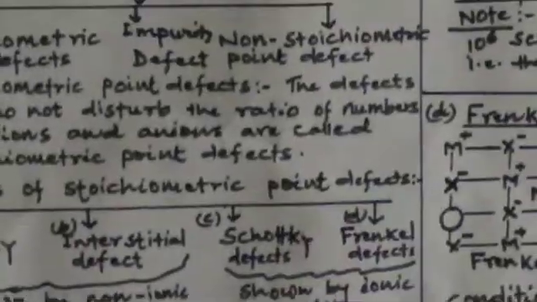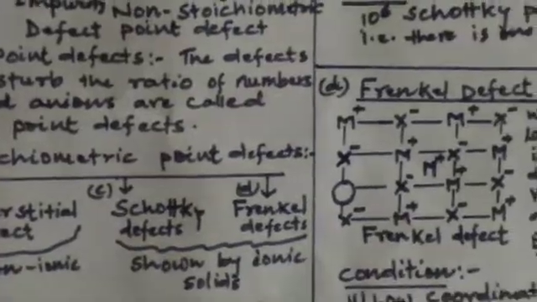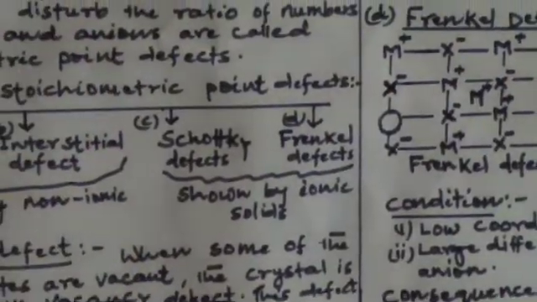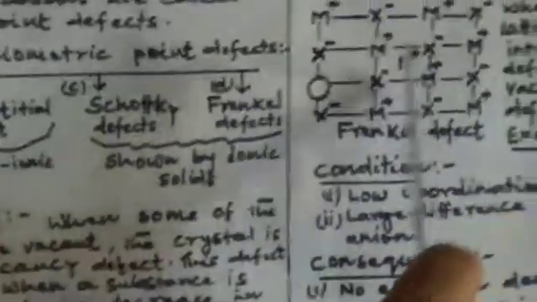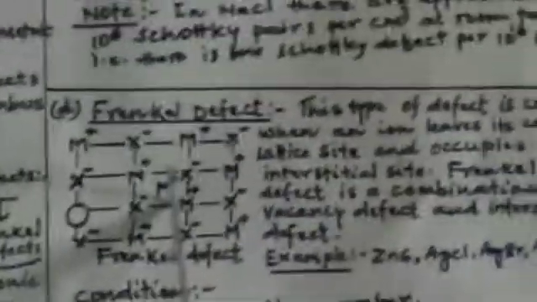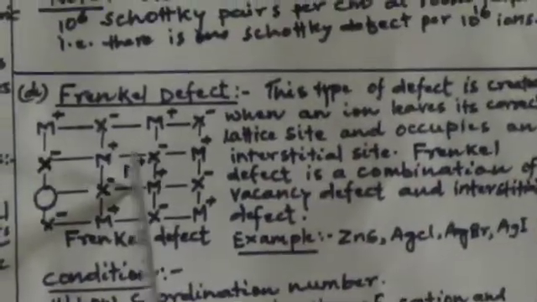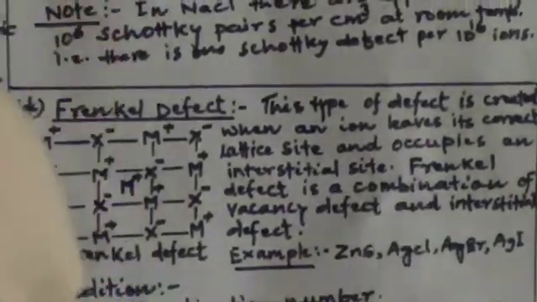So first point, what you will write: the Schottky defect arises because of the missing of an equal number of cations and anions from their normal lattice sites. Frenkel defect, on the other hand, arises due to the displacement or dislocation of the constituent cation from its normal lattice site into a void.